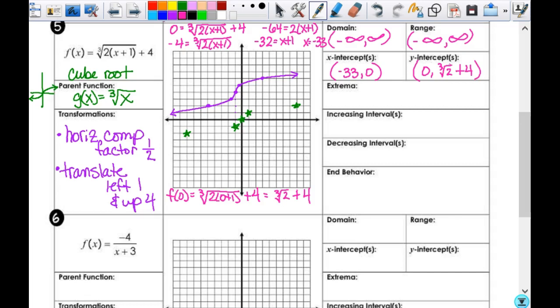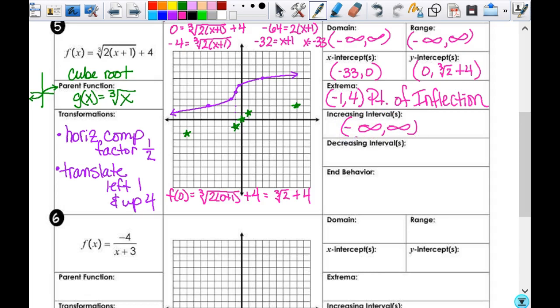All right. Do I have any extrema or critical points? Yes. This end is at -1, 4. And that is a point of inflection. Am I increasing anywhere? Yes, right? -infinity to infinity.